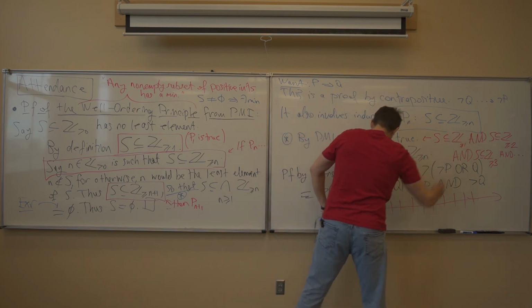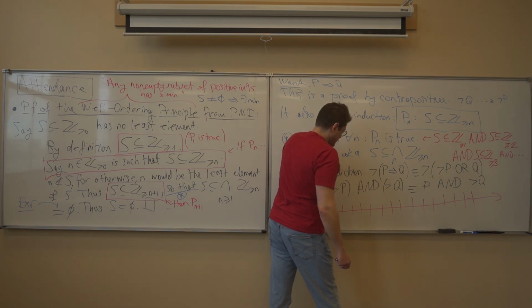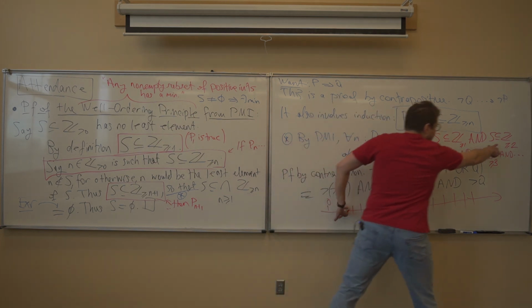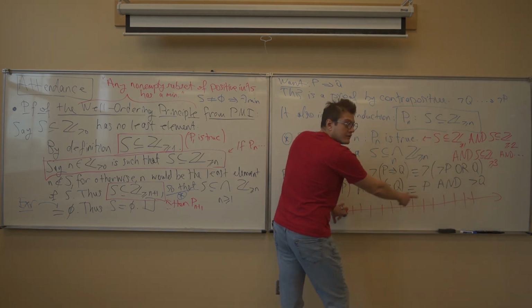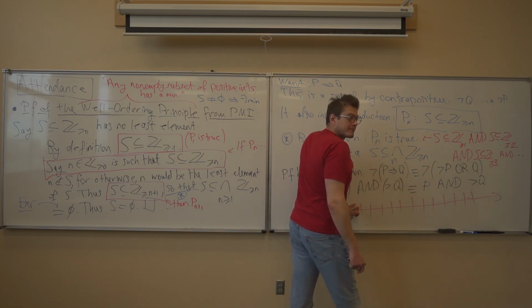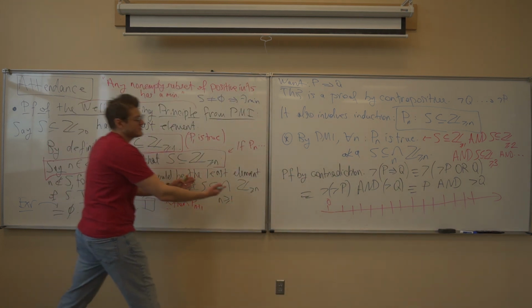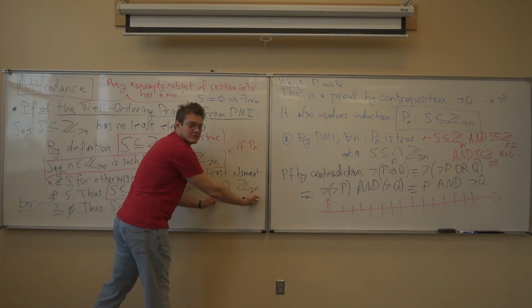S being here is saying that S is included here. But then it has to be included here as well, and then it has to be included there. Oh, I got that. This is a very bizarre way of writing the empty set.